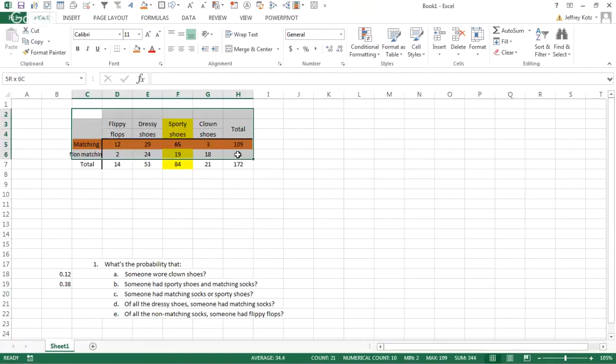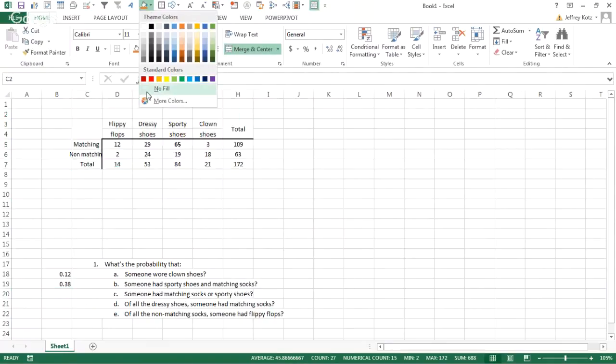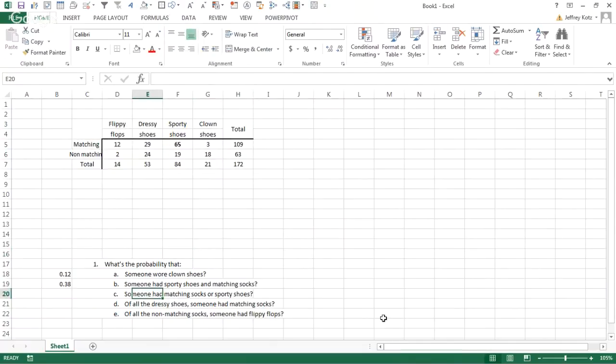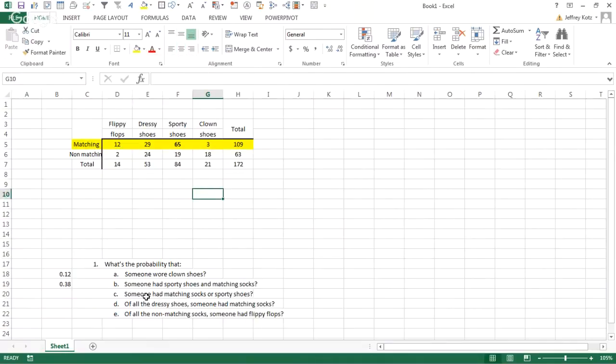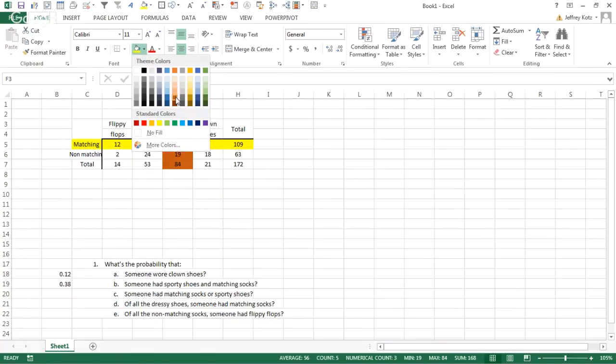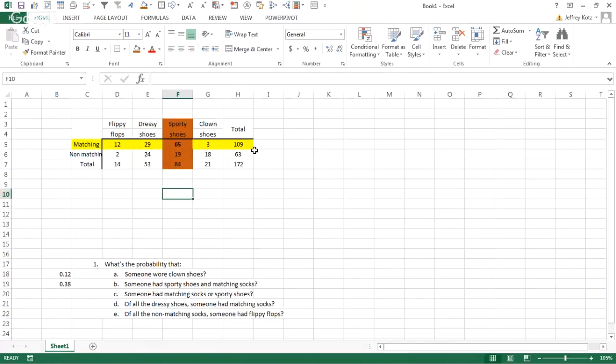All right, let's get rid of this because we don't need any fill. Someone had matching socks, or sporty shoes. Well, that appears to be 109 people having matching socks, 84 people having sporty shoes.